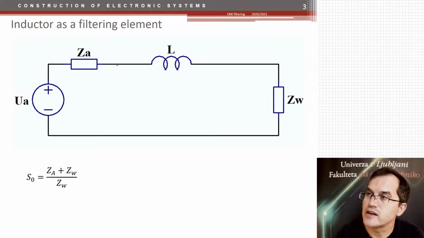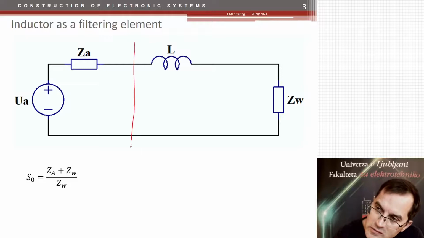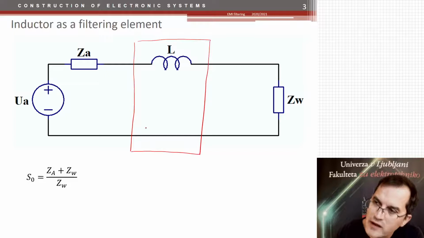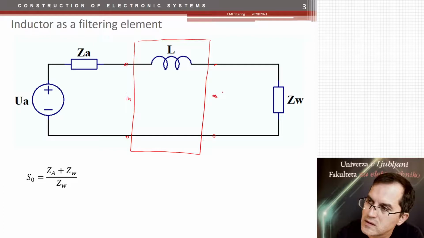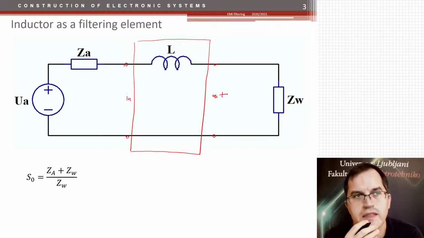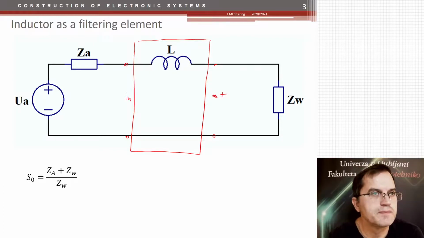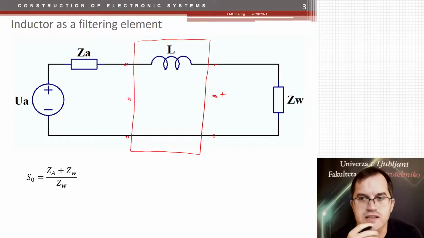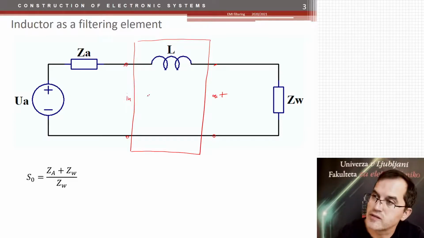That coil is actually a 4-terminal device, so it has an input and it has an output, even though it's just one single coil. That filtering element has a certain impedance, which we can calculate. And here it's quite easy. The impedance of the coil is jωL.